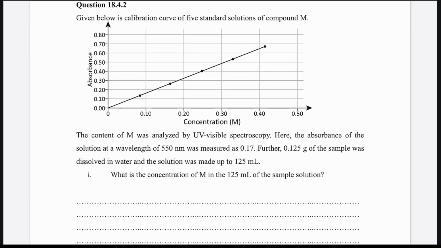So the absorption is given to you. The absorption of the solution at wavelength 550 was measured as 0.17.